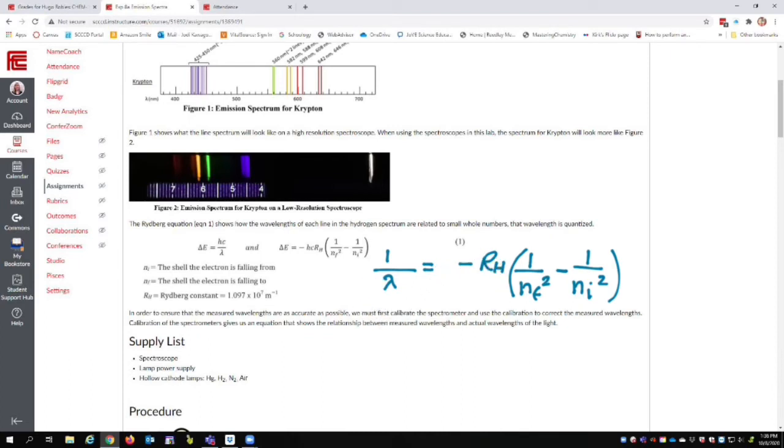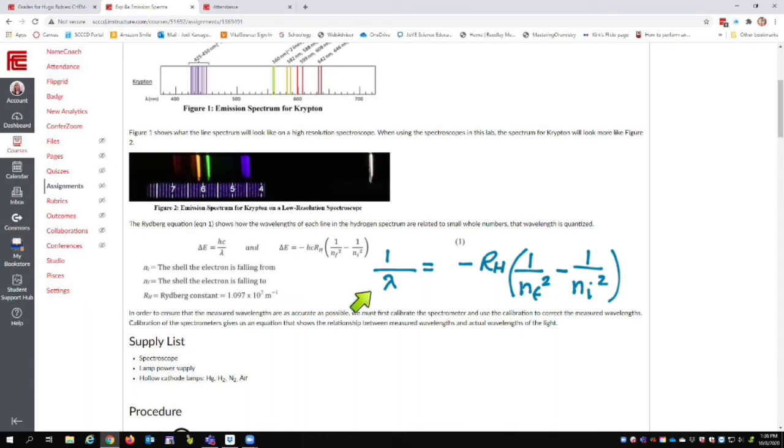Now we know what the Rydberg constant is, but just to kind of demonstrate it, we're going to use the wavelengths that we measured using our spectroscope and the hydrogen lamp and calculate the Rydberg constant and see how close we come. So the Rydberg constant has the unit of per meter, or meter to the minus 1.